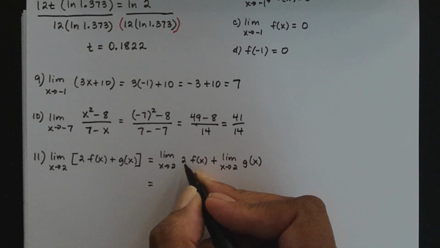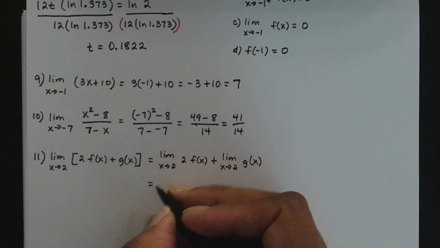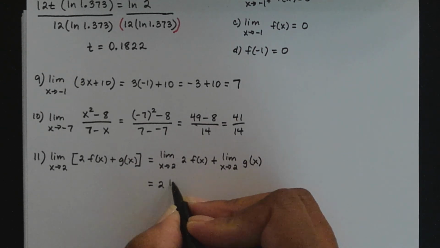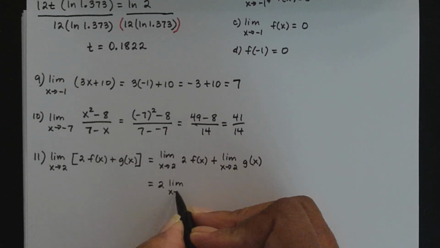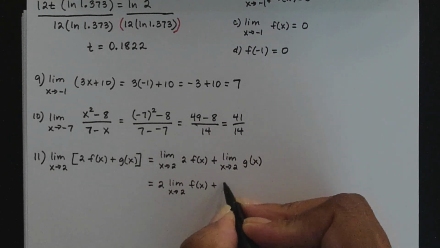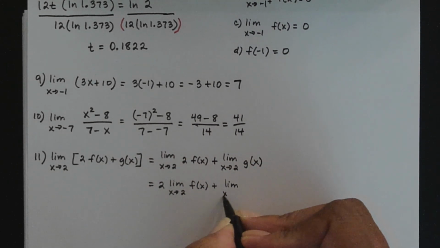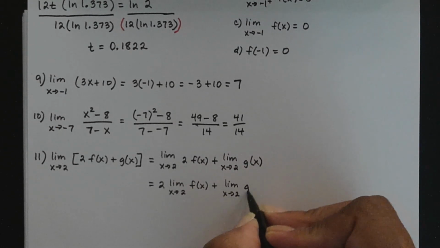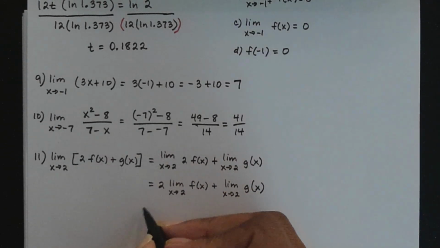And that constant of a 2 times f of x, that 2 can go out in front. So it'll be 2 times the limit as x approaches 2 of f of x plus the limit as x approaches 2 of g of x.